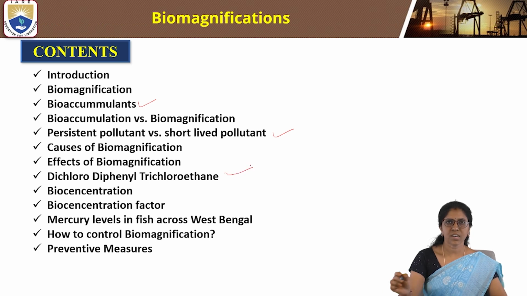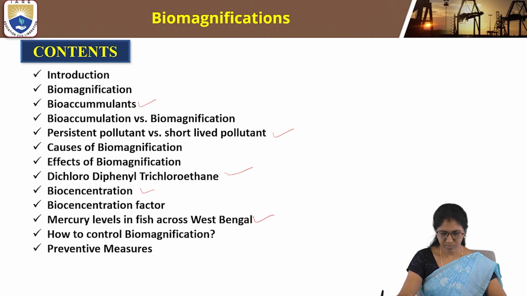Biomagnification due to dichlorodiphenyltrichloroethane, that is DDT, and bioconcentration definition, bioconcentration factor, and mercury levels in fish across West Bengal. How to control biomagnification and preventive measures.